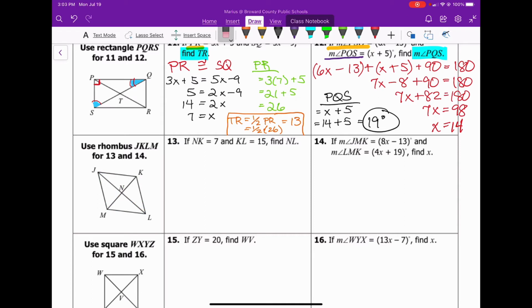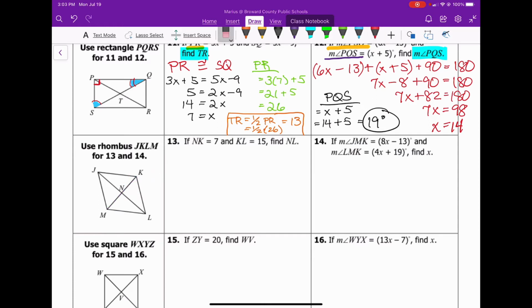Now the other thing that the diagonals do, okay, is bisect an angle. So for example, angle K, if the entire angle was 100 degrees, then each angle right here would have to be 50 degrees, okay?